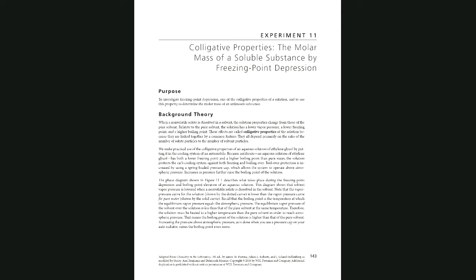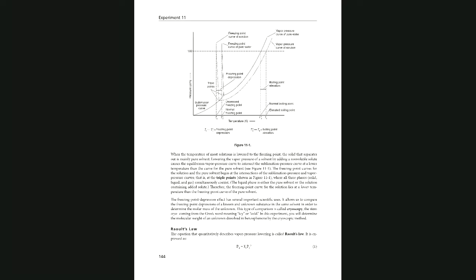Basically, it's talking about colligative properties, which we already talked about, and vapor pressure and other properties. What you do is find the freezing point for the solvent, then find the freezing point for your solution.